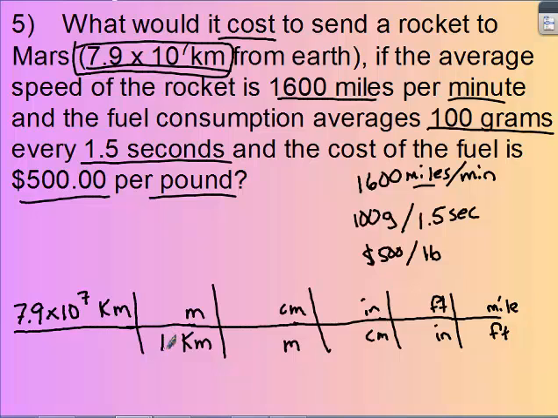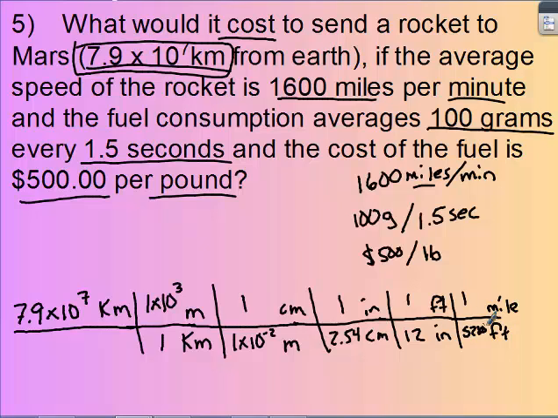So 1 kilometer is 1 times 10 to the 3rd meters. 1 centimeter is 1 times 10 to the negative 2 meters. 1 inch is 2.54 centimeters. 1 foot, 12 inches. And 1 mile, 5,280 feet.